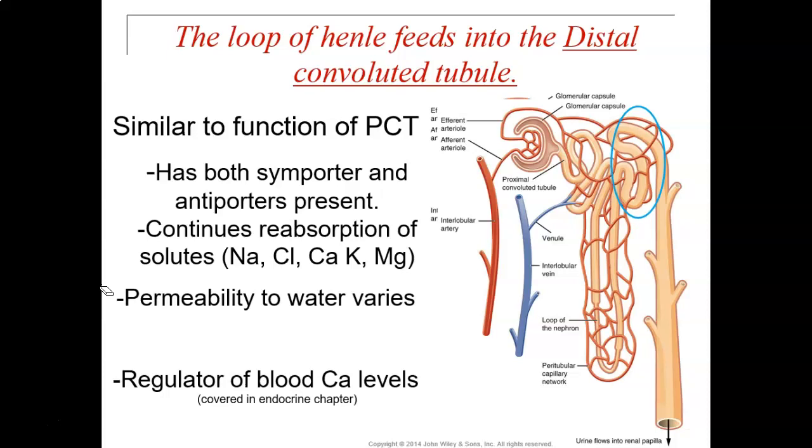That helped to increase the absorption of blood calcium from the urine. Or more specifically, that helped to reabsorb the calcium in the filtrate, so therefore it wasn't in the urine. This is where that hormone has its effect, within the distal convoluted tubule.